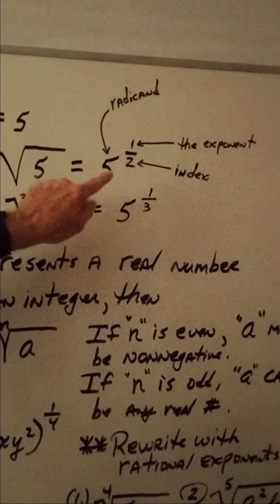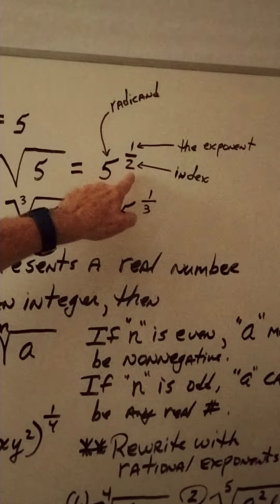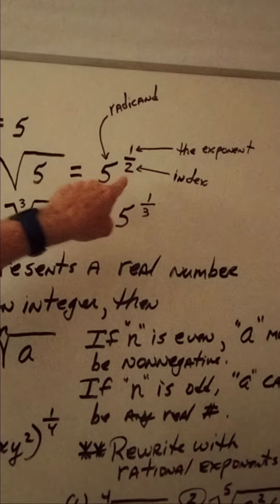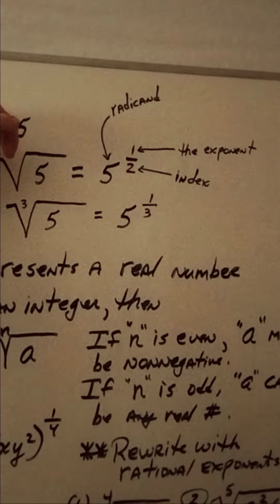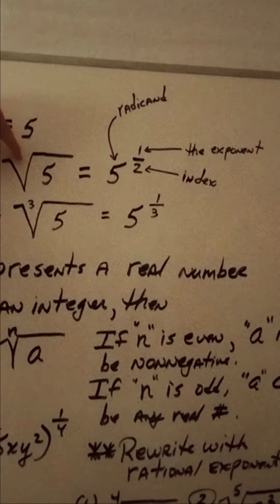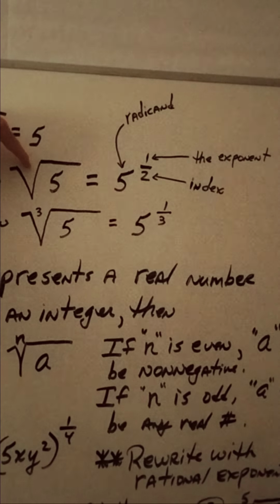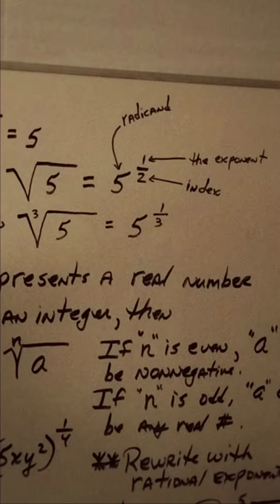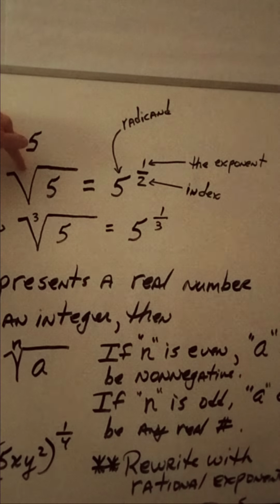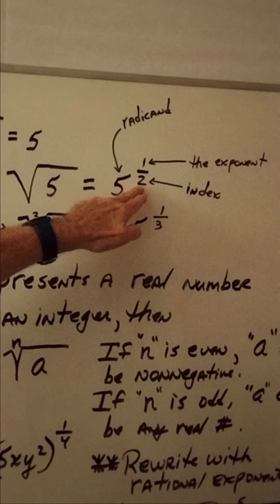Item number 2, the denominator of the rational exponent is equivalent to the index of the radical expression. Notice there's no number in this radical here, so it's implied that we're dealing with square root, and the number that is associated with square root is a 2. And that just happens to be the denominator of the rational exponent.